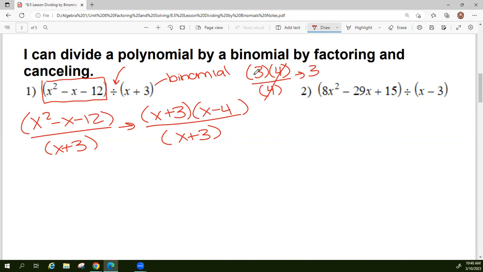And you could test that out by doing 3 times 4, which is 12, and dividing 12 by 4, and you would get 3. And so since we have an x plus 3 on the top and the bottom of this fraction, and we have multiplication up here, we're allowed to cancel those x plus 3s, and we are left with x minus 4. And that's simplifying this expression.